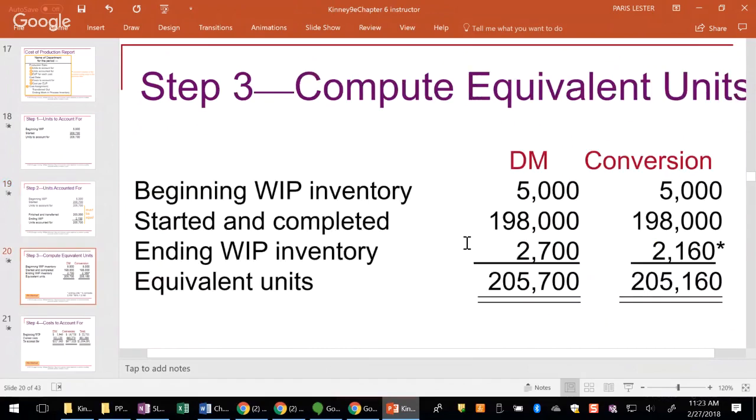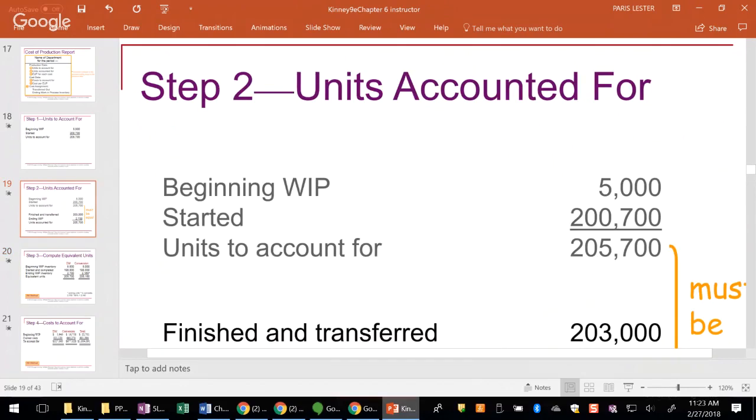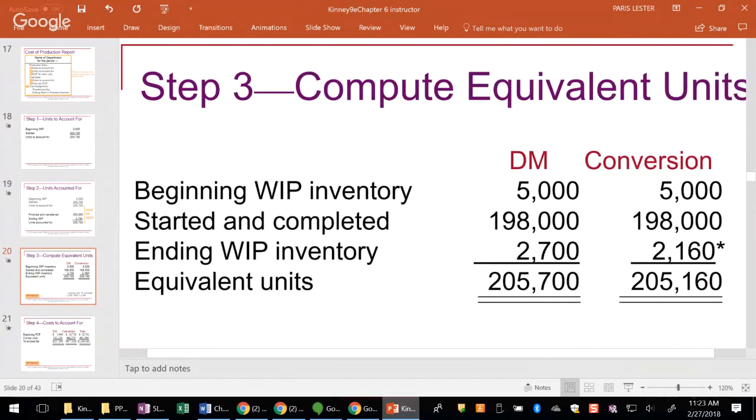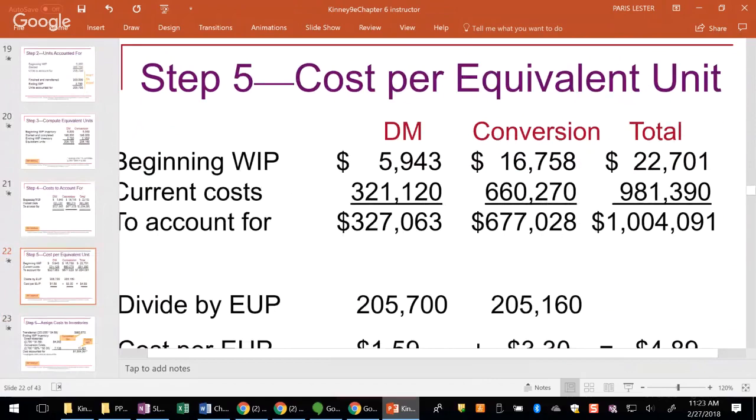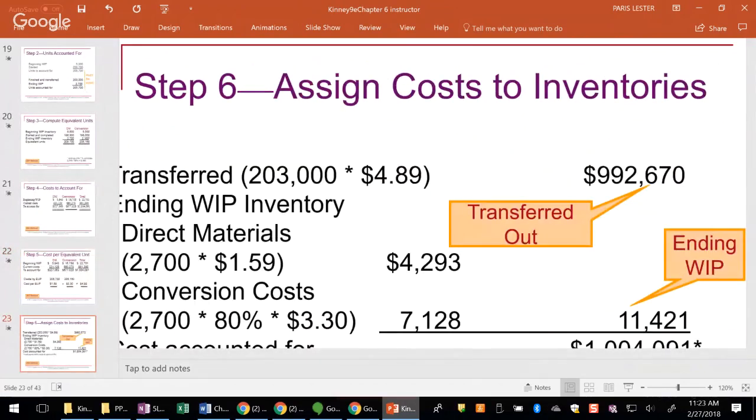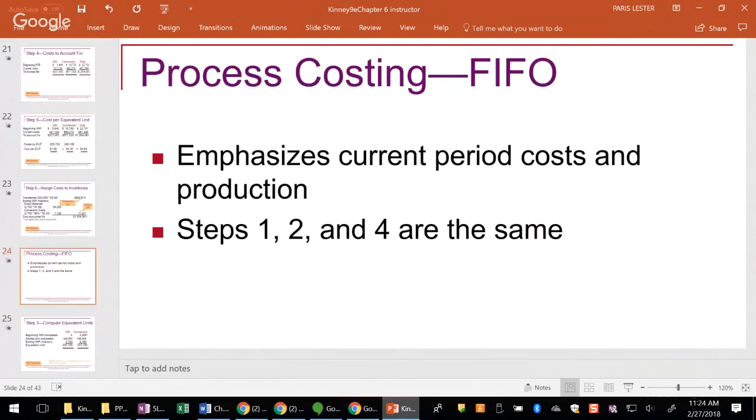I don't know where they calculated direct materials, started and completed, ending inventory equivalent units. We've calculated those, but I don't see their percents. They did not give the percents, so I can't account for those. And cost to account for. Now, this is what we're going to end up with today: cost per equivalent unit, assign cost to transferred out and ending work in process using the weighted average method.